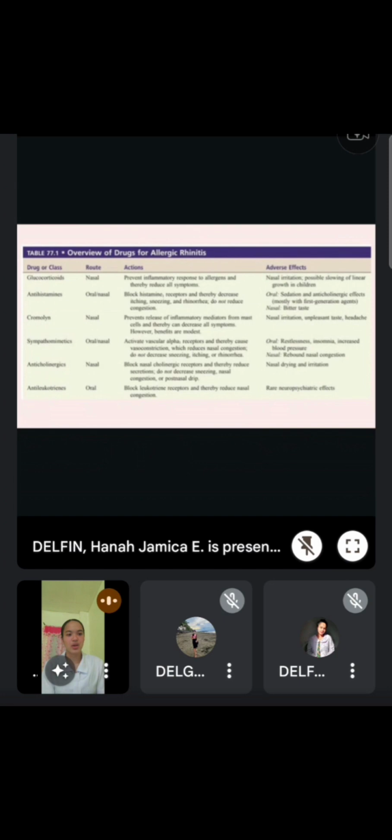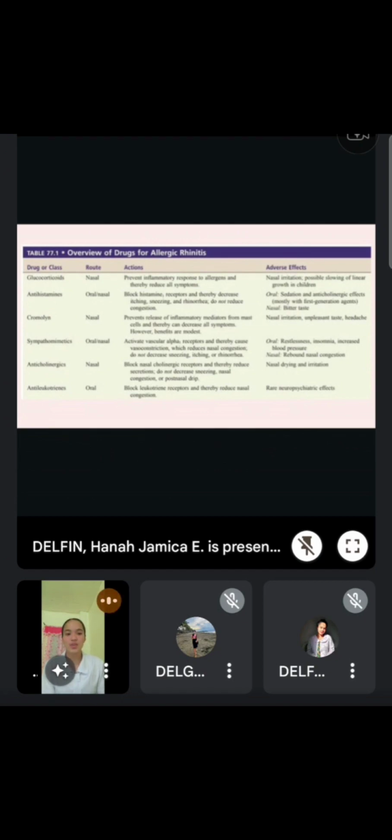Next is intranasal cromolyn sodium. Action and uses. For the treatment of allergic rhinitis, intranasal cromolyn is extremely safe, but only moderately effective. Benefits are much less than those of intranasal glucocorticoids.